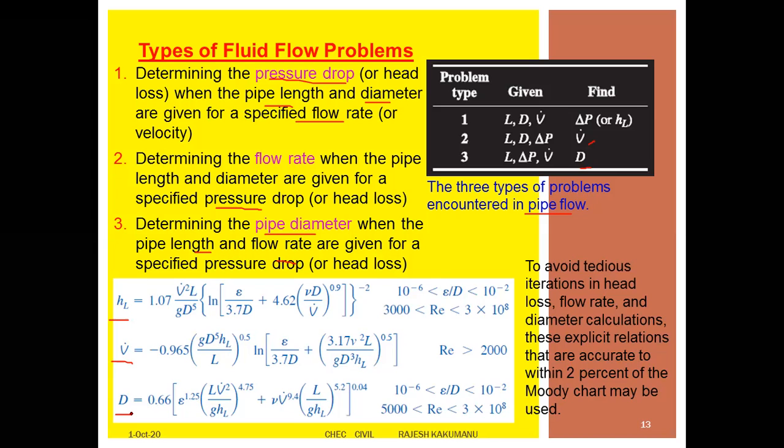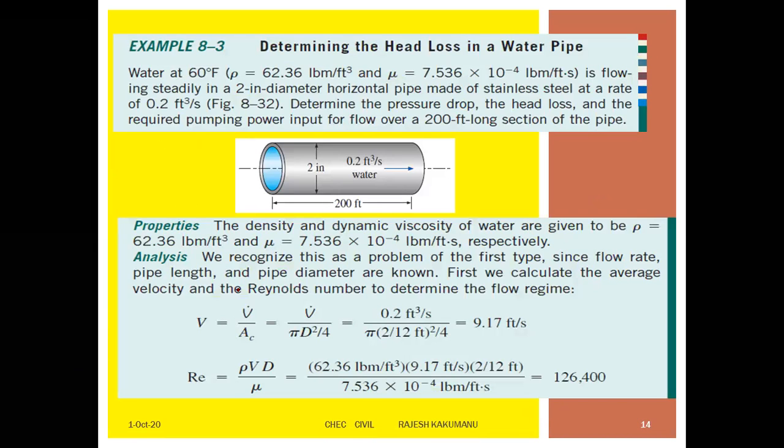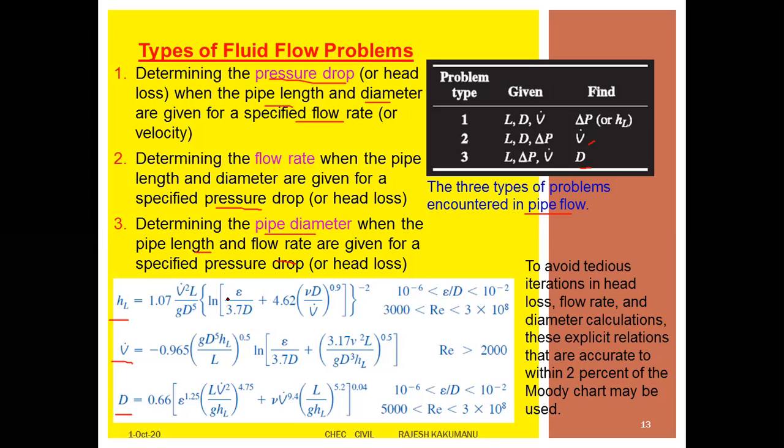HL equals 1.07 V squared L divided by g D to the power of 5, times ln[ E by 3.7 D plus 4.62 (nu D by V) to the power 0.9 ] to the power minus 2, where 10 to the power minus 6 is less than E by D less than 10 to the power minus 2, and Reynolds number 3000 is less than Re less than 3 times 10 to the power 8, for the head loss.